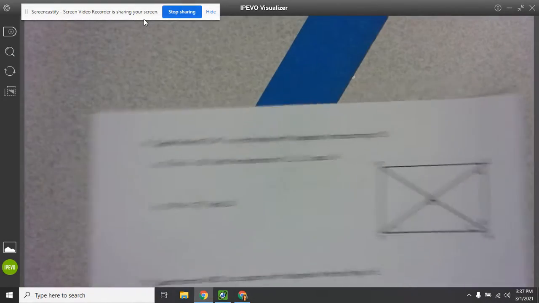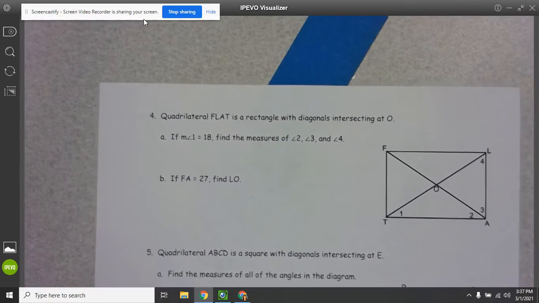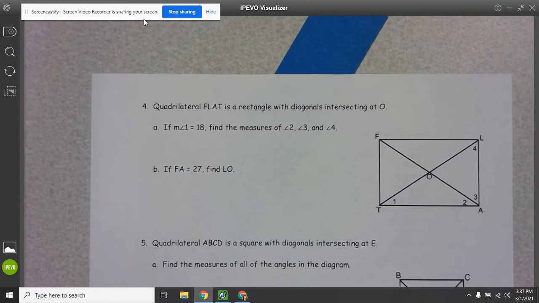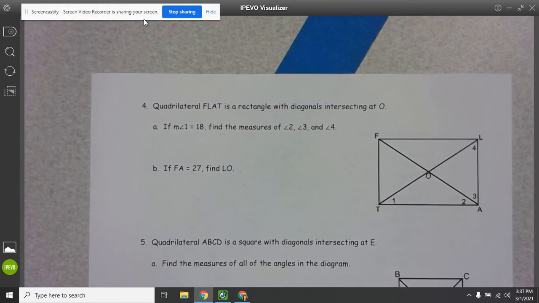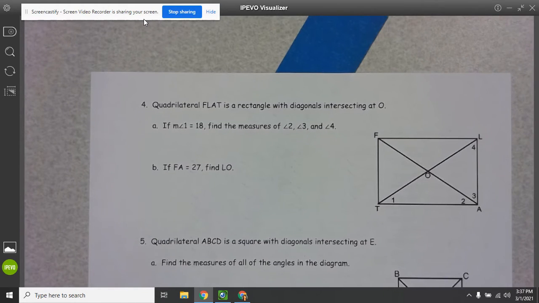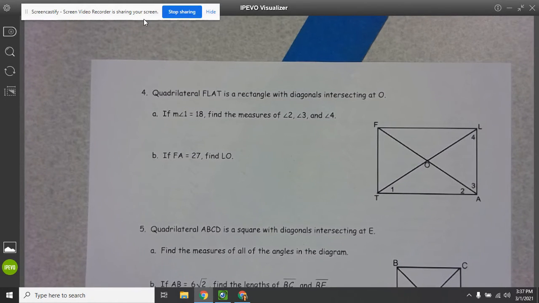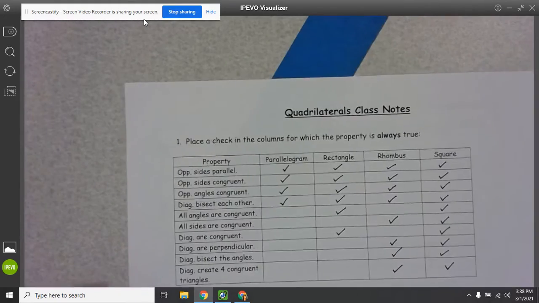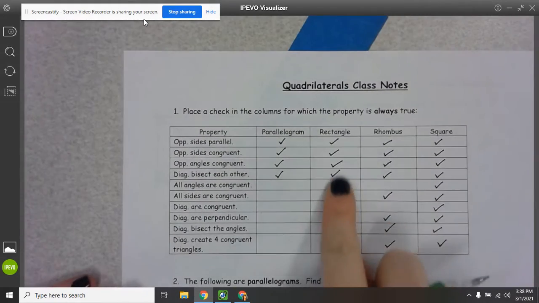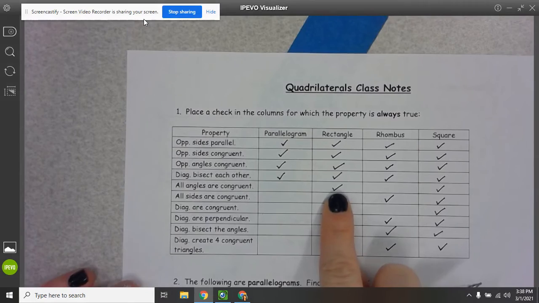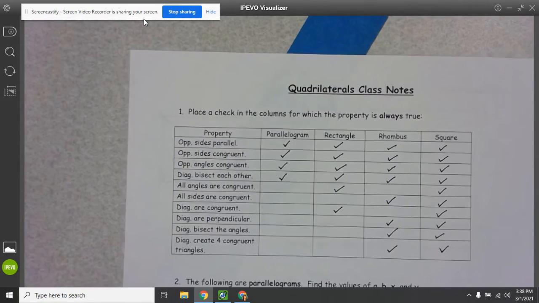All right, kicking it up a notch. Quadrilateral flat is a rectangle, and our diagonals are intersecting at O. So I need to find the measures of 1, 2, 3, and 4. Looking back over here, under rectangle, I have that all angles are congruent.